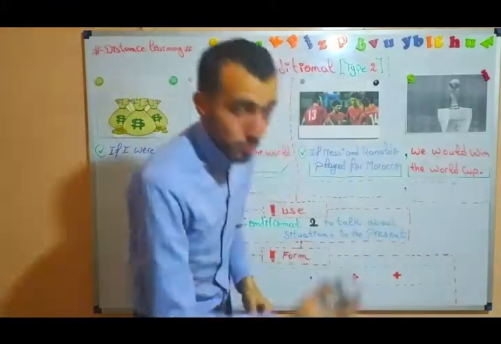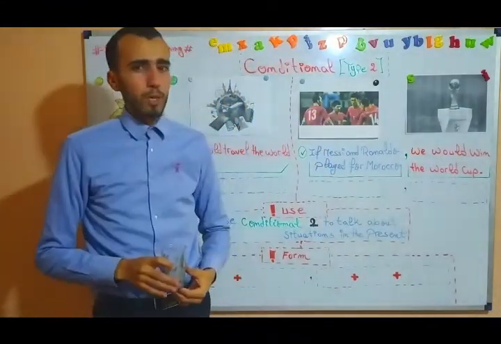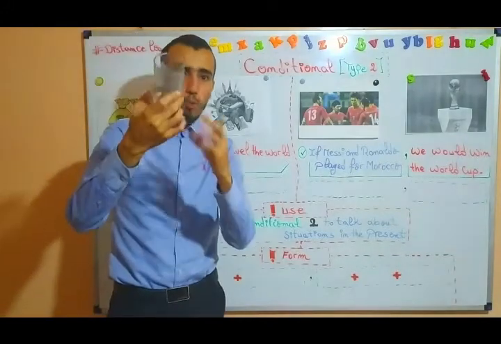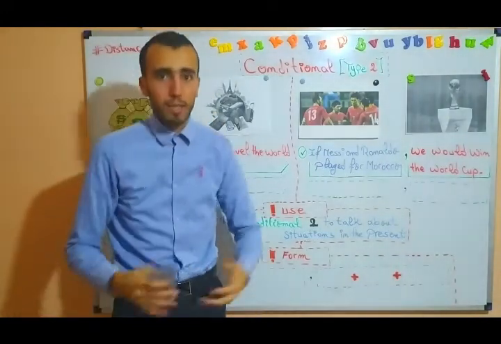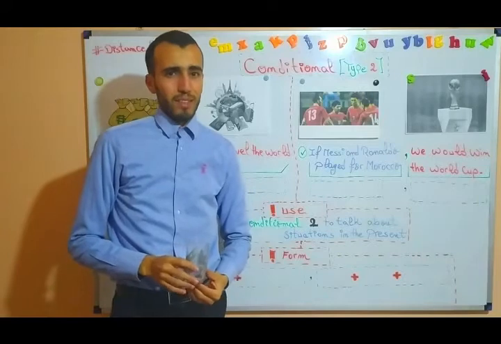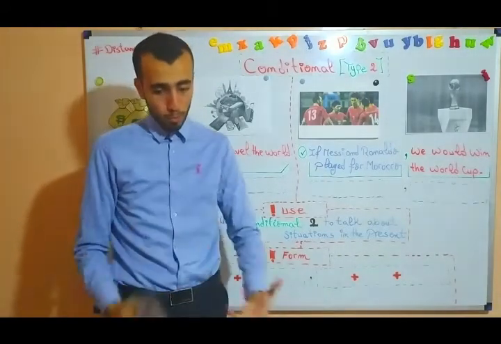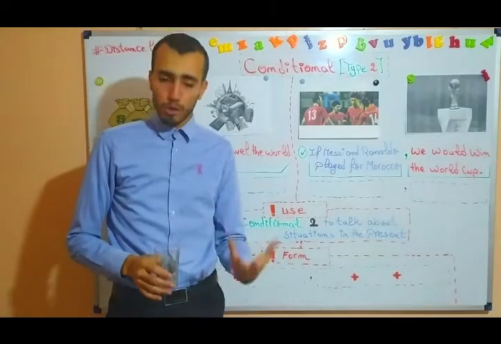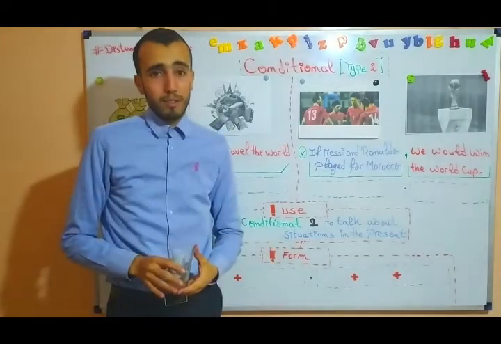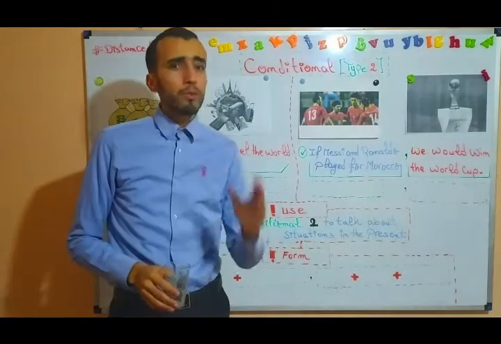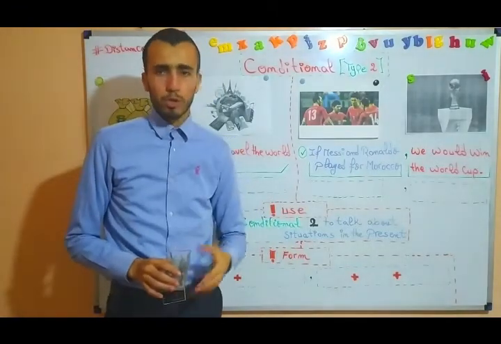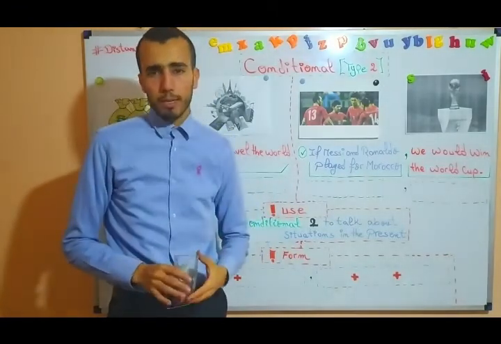Another example for conditional type 1. This is a glass. What happens if I drop the glass? There's a possibility the glass will break, but of course there is a possibility it will not break. So we use conditional type 1 for future possibilities, or also in the present time.